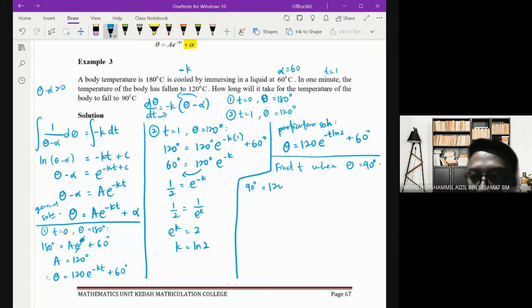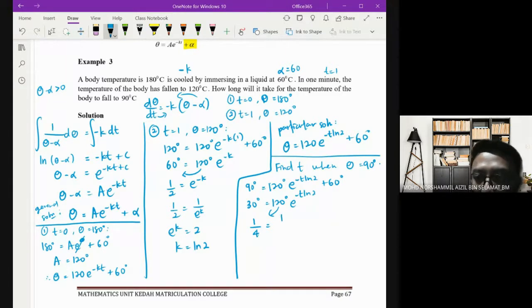90 equals 120 exponential minus T ln 2 plus 60. So we bring 60 to the left hand side, becomes 30. Then bring 120 to the left hand side, becomes 1 over 4 equals exponential minus T ln 2.